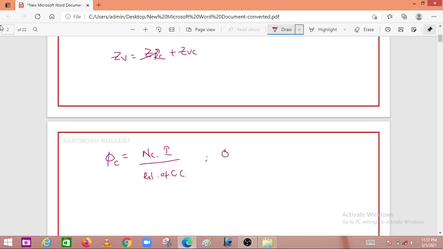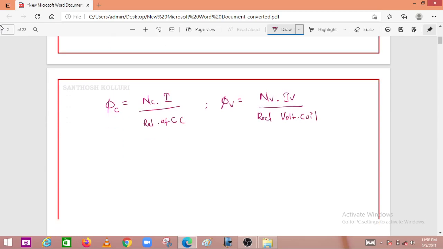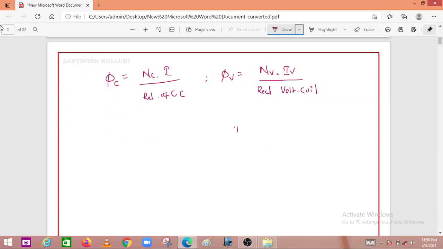And similarly, flux produced by this voltage coil is number of turns in the voltage coil times current flowing through this voltage coil divided by reluctance of voltage coil. Okay, and this IV, the current flowing through this voltage coil, can be calculated as V by ZV.